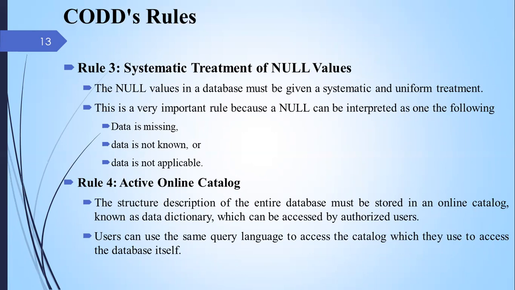What is the structure of a particular database? A database has different attributes and different records. So the structured description of the entire database, having the information of rows and columns, must be stored in the online catalog. That is known as the data dictionary.